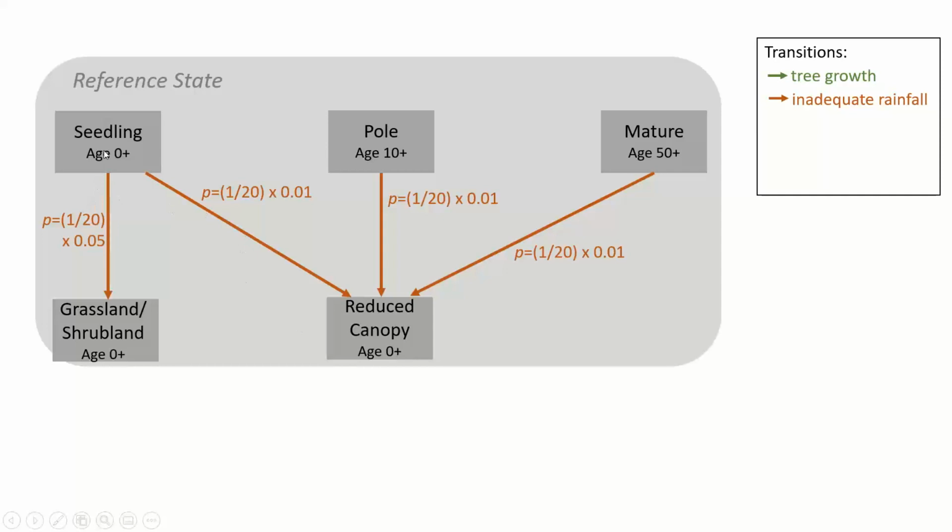And over here, the seedling could, with a 1 in 100 probability, become reduced canopy, and with a 5 times greater probability, when there's inadequate rainfall, it could move over to this grassland, shrubland. So this is an example of what we call a branching pathway, where when a certain transition occurs, we can say probabilistically it could go here or here. We don't have to define definitively what we think is the only thing that could ever happen in the model.